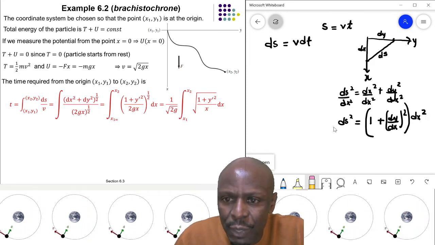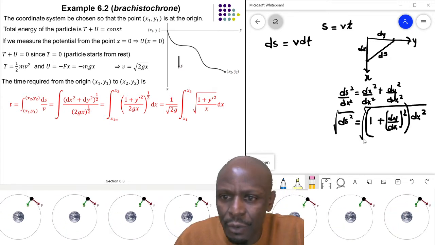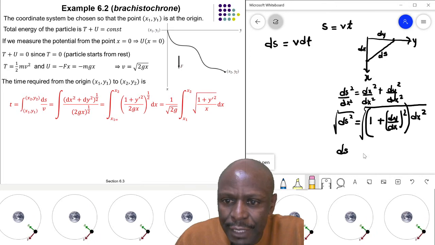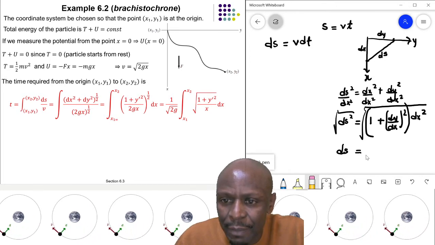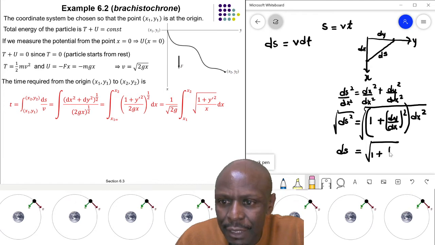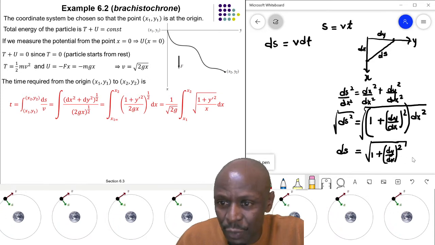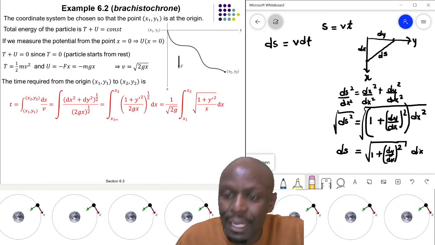If you take the square root, you have ds equals the square root of 1 plus (dy/dx) squared, all under the square root, and then dx is just outside the square root.